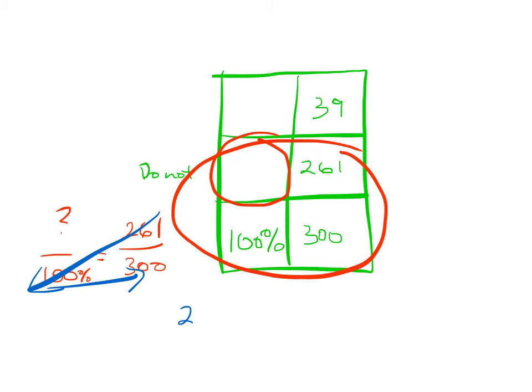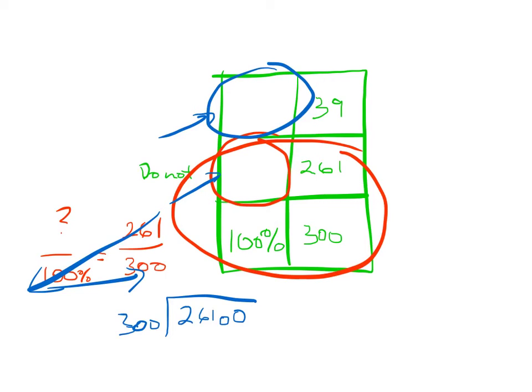So, well, we can continue on here. That'll be 261. Doesn't really matter. I probably should have found this number up here, but I'm going to find this one first, and then I can subtract to find that. 26,100 divided by 300, and I can do the mathematics there to figure that out. And doing those mathematics, I find out this is an 87%, which means this will be a 13%. So 13% of the people do carpool.